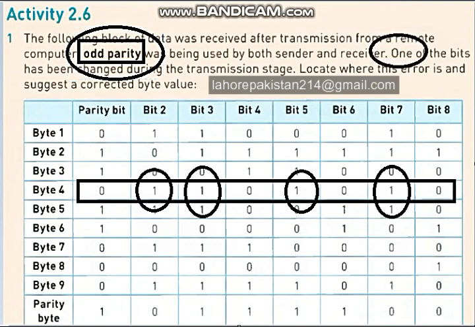As you can see in the question, you have been told that one of the bits has been changed, so there was an error only at one location. We have found the error in the horizontal row. We will remember this horizontal row, and now we are going to check the vertical columns.